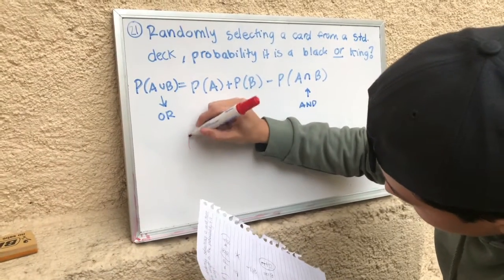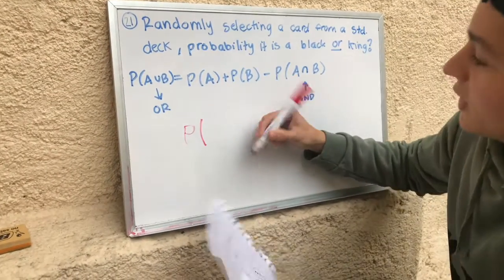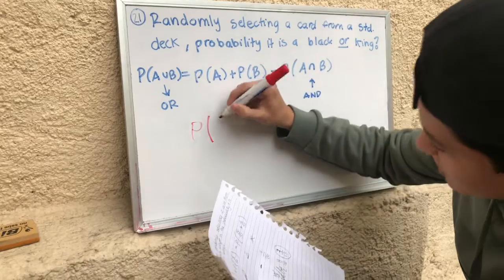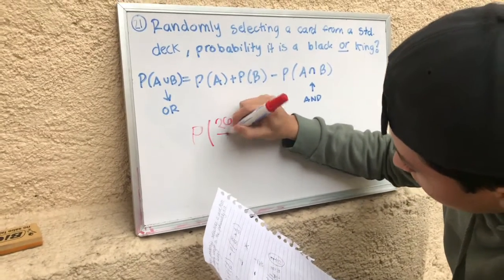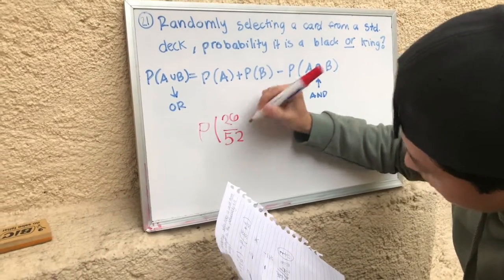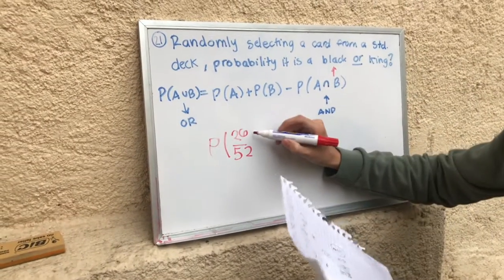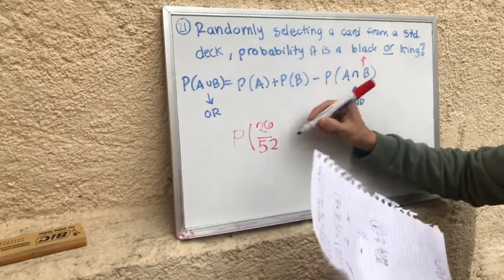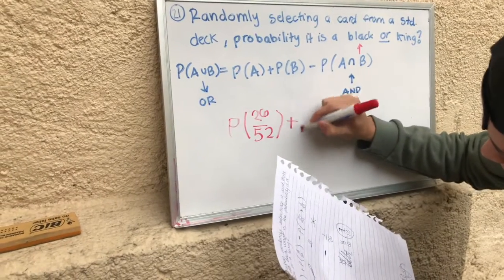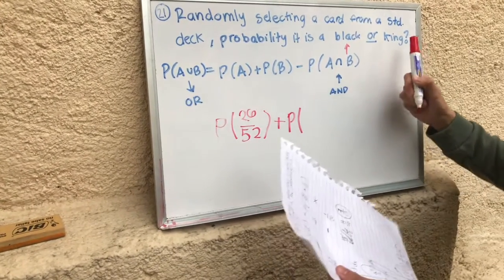We know that the probability of A is 26/52. Why 26/52? It is a black. We know there are 26 blacks over the total of 52 cards, plus the probability of B, which is a king.